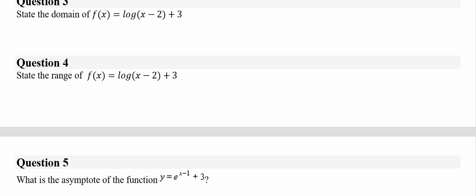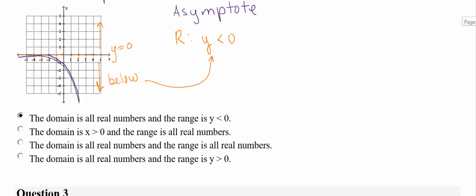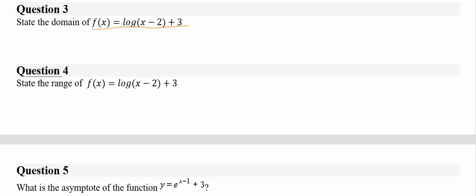So this one right here, it's log. So when the domain of an exponential is all real numbers, with logs, they switch. So the range of this guy is going to be all real numbers.